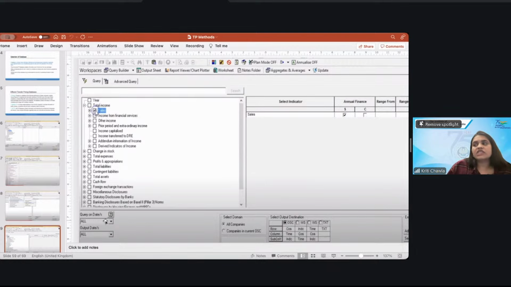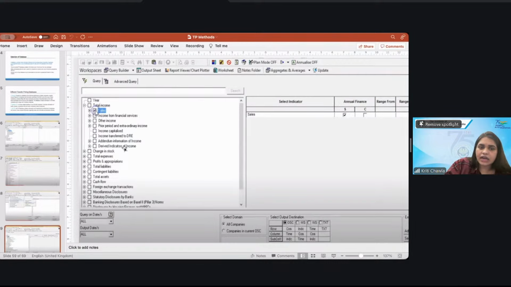It will say that yes, you do need audited financial statements, but within that, what information do you need? So I tell them that, listen, I need sales, I need expenses, and all other things that are needed to calculate the net operating margin. So I tick whatever things I need out here to calculate the net operating margin of those comparable companies.